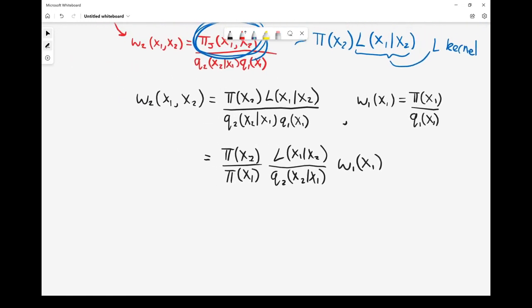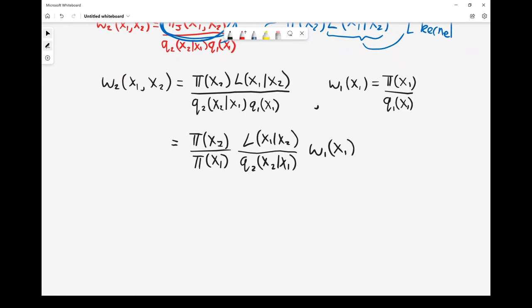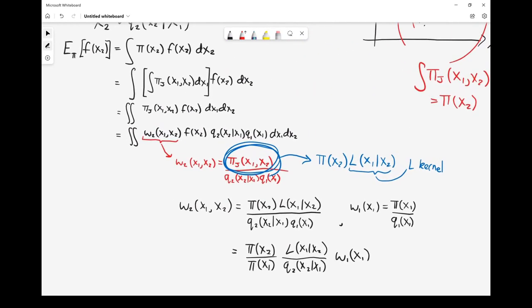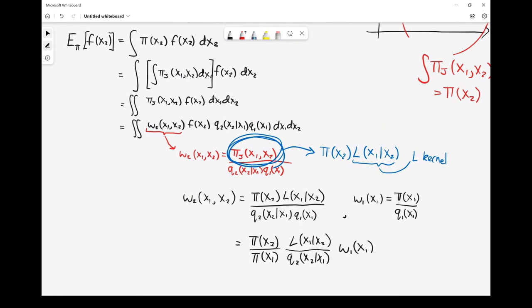And you can imagine you can extend that to further iterations, which we'll do in the next couple of videos at some point. But basically, the take-home message from this video is we've entered a second iteration. We want our samples x2 to explore the space a bit more, and to do that we're proposing them conditional on x1. We're still interested in the expected value of some function with respect to the target.